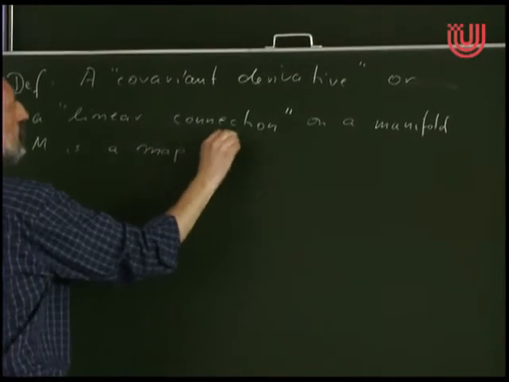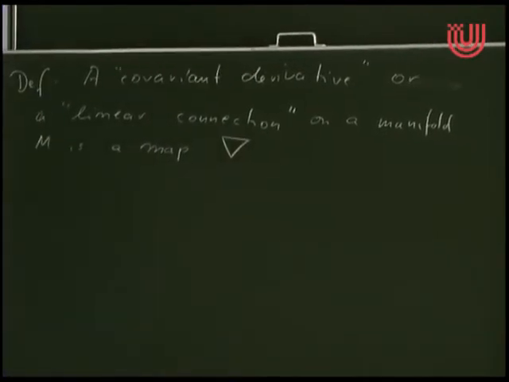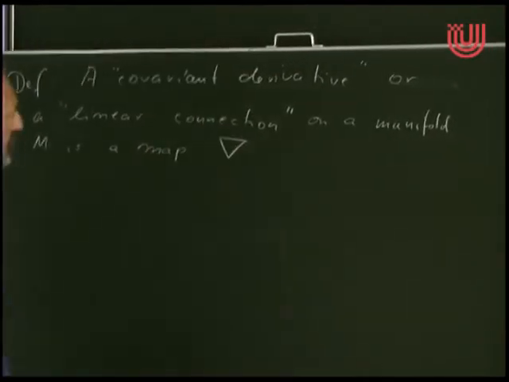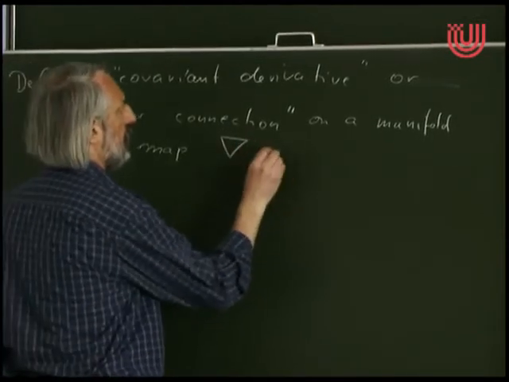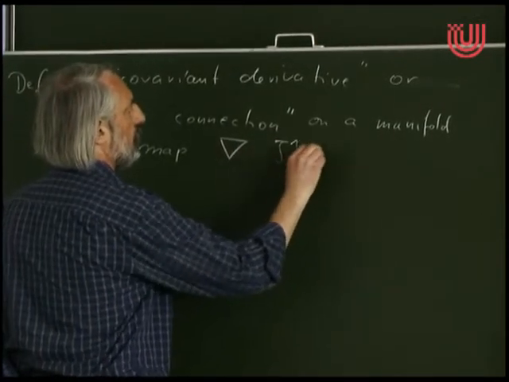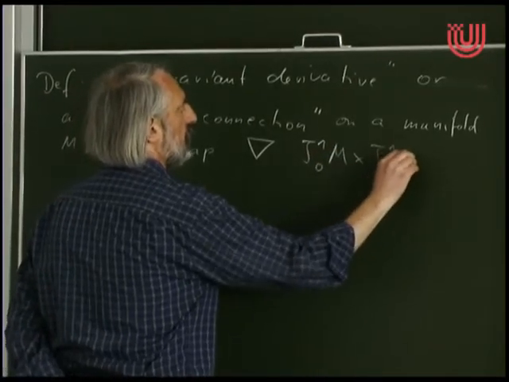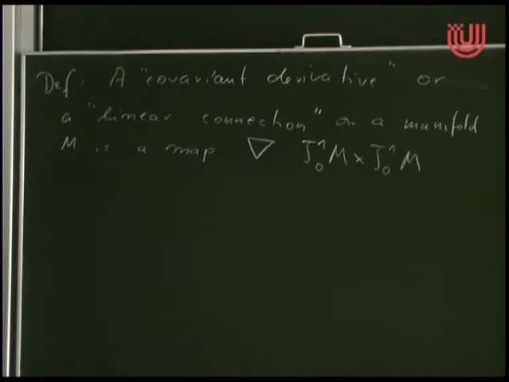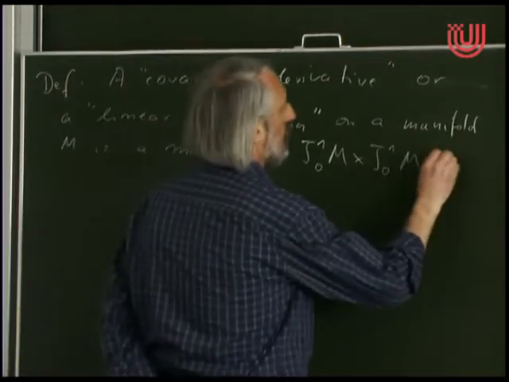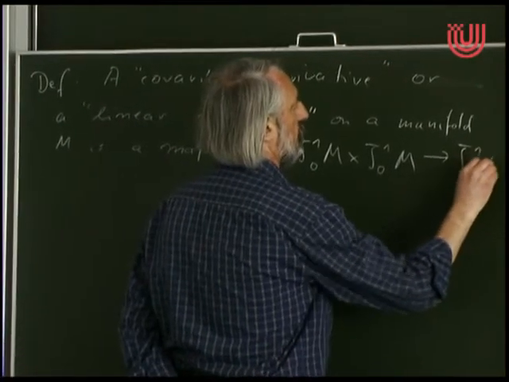It's a map which is usually denoted by del, sometimes capital D, but it's more common to write del. And it's a map which has two slots, and in either slot I am expected to fill a vector field, and what it gives me back is again a vector field.